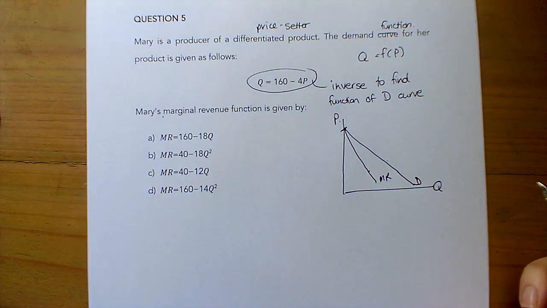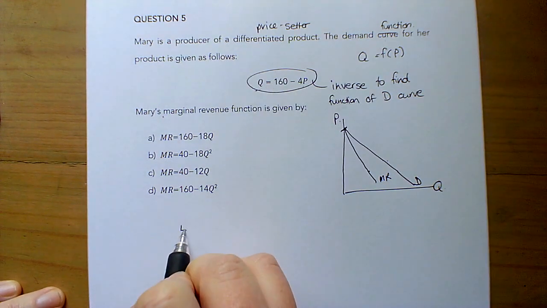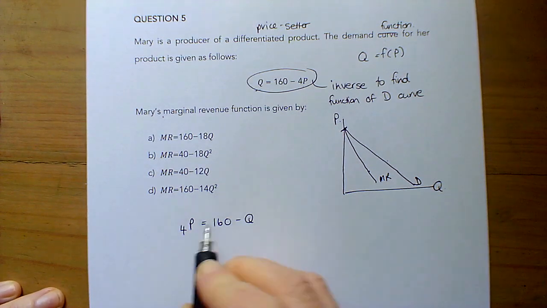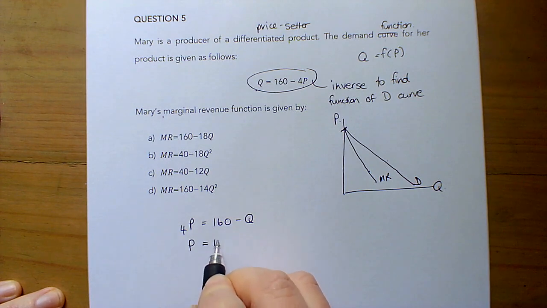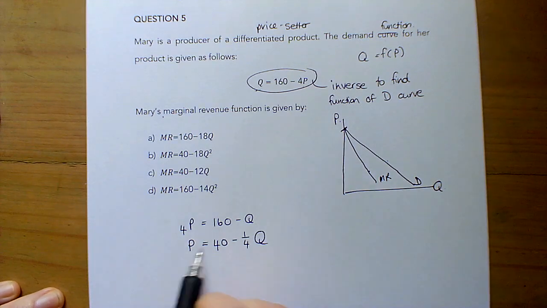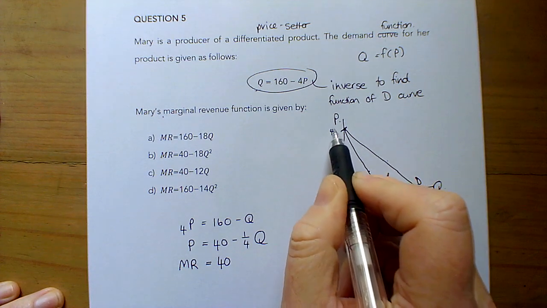So the first thing I'm going to do is inverse this function. So 4p equals 160 minus Q. And so price is equal to 40 minus a quarter Q. So this is my demand curve. That means my marginal revenue will have the same intercept of 40.